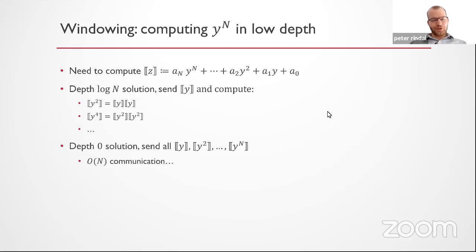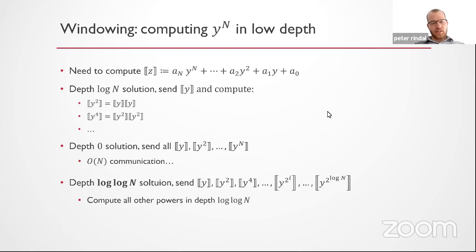Another trivial solution, a depth 0 solution, is instead of sending y, we send all the powers of y, and the sender can simply pick out the one that he needs. But this has an issue: your communication complexity is now proportional to the large set, which we want to avoid. More generally, there's actually a smooth spectrum between these two extremes.